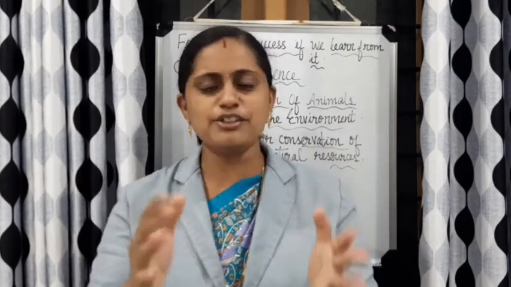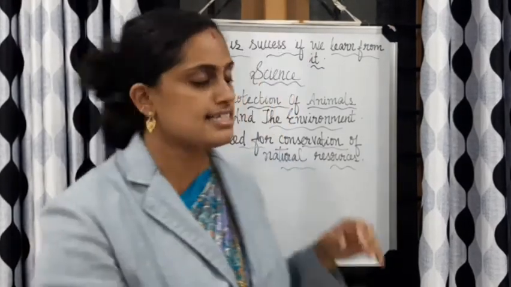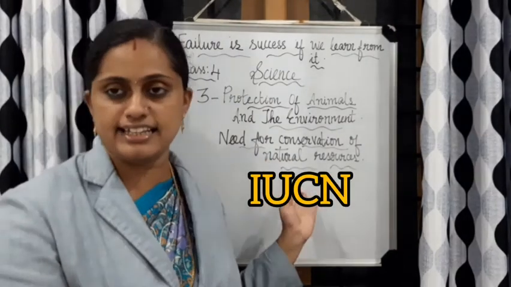Yes. Children, now let me add some more interesting facts for you. Are you ready? Some new information. Children, International Union for Conservation of Nature and Natural Resources, that is IUCN.